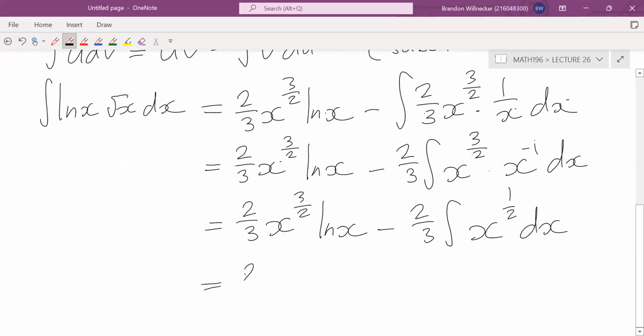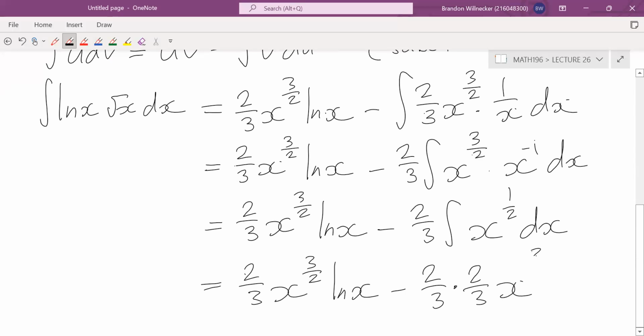So this is going to be 2/3 x to the 3 over 2 natural log of x minus 2/3, and then integrating this, we add 1 to the exponent to make it 3 over 2, divide, so we get 2 over 3 x to the 3 over 2 plus c.